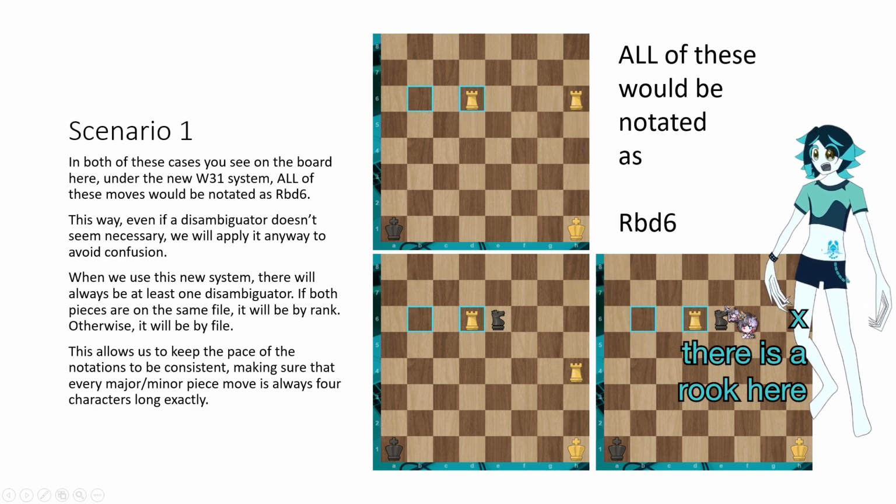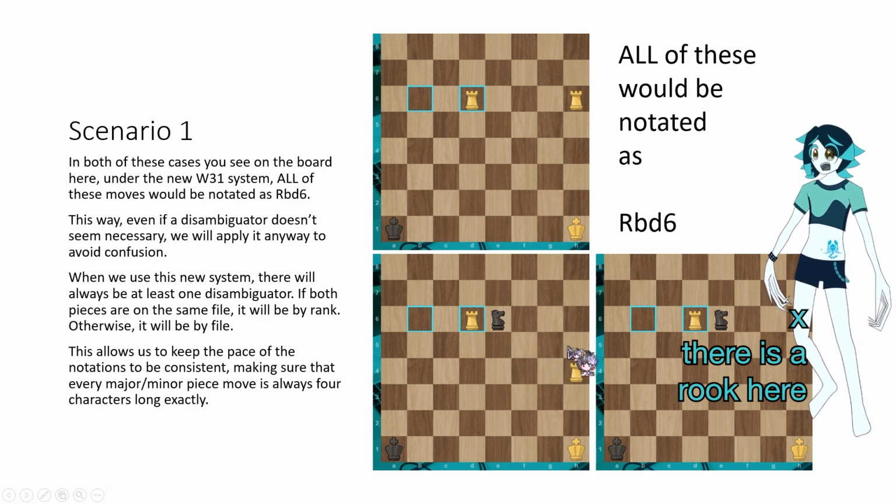We're not going to care if there's a piece in the way, and we are not going to care if the rooks are even on the same rank or file. We're not even going to care about any of that as long as a piece is being moved. Even if there's only a single knight on the board for white or black, there's still going to be a disambiguator.